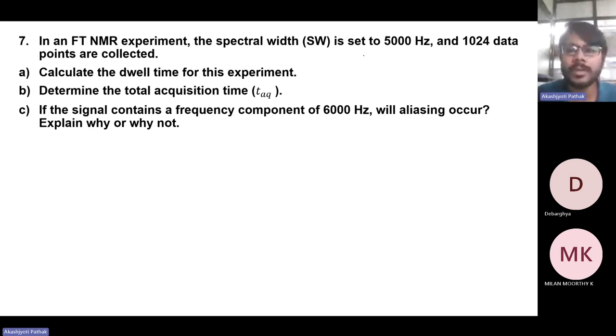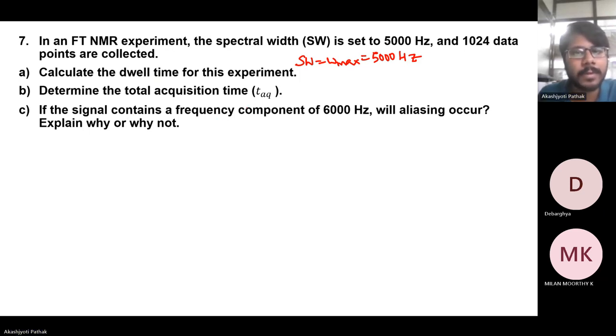Spectral width is omega max, the maximum frequency present in the spectra, and that is equal to 5000 hertz. Based on this information, you have to calculate the dwell time and the total acquisition time.